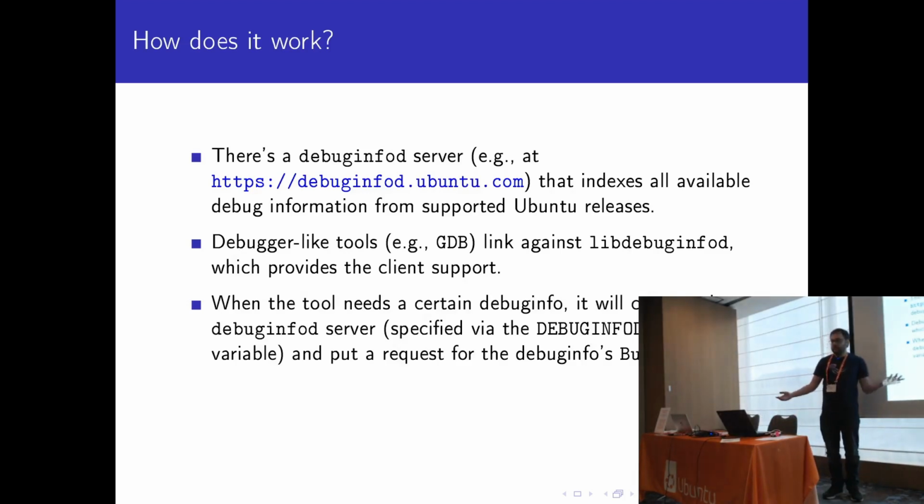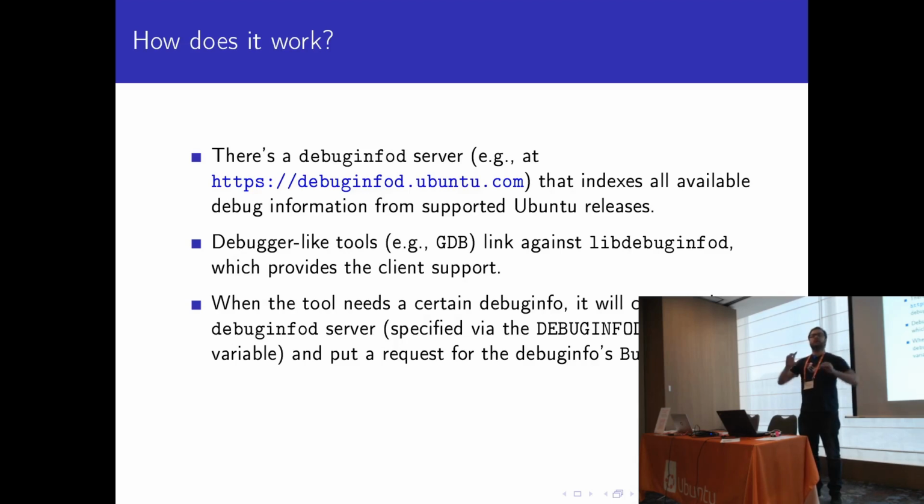When GDB needs the debug info, it will get the build ID of the program. The build ID is a hash that is generated when you compile an object file with GCC or Clang or whatever. That hash identifies the binary and the debug info that is associated with it, so both have the same hash.